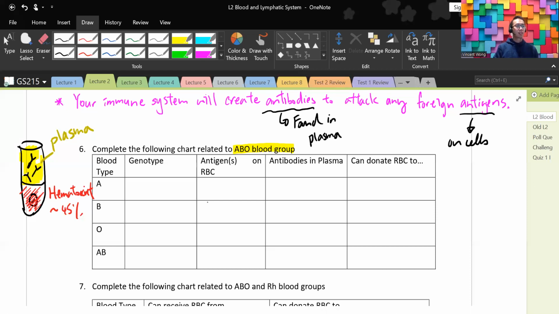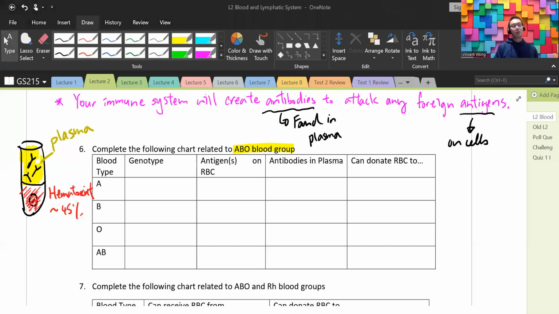The only person who would have the exact same antigen as you is, exactly, an identical twin. Identical twins share everything. But even siblings share anywhere between 50 to 100, with 100 being identical twins, and then it could be anything. So for transplant, people would have to take immunosuppressants to suppress the immune system so they don't make antibodies to attack the antigens.